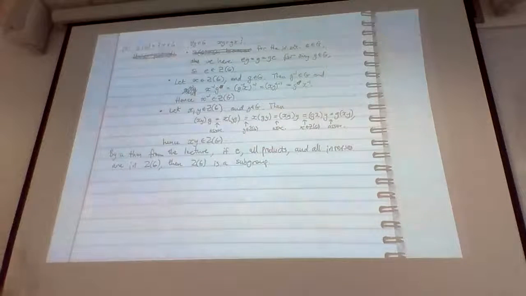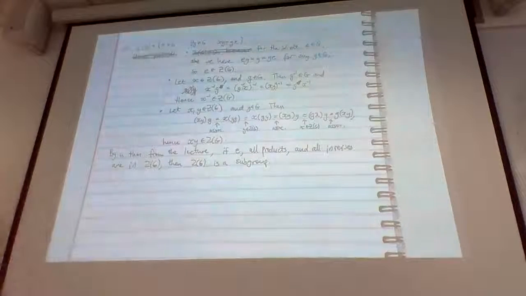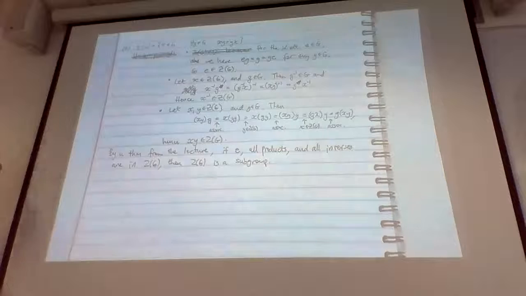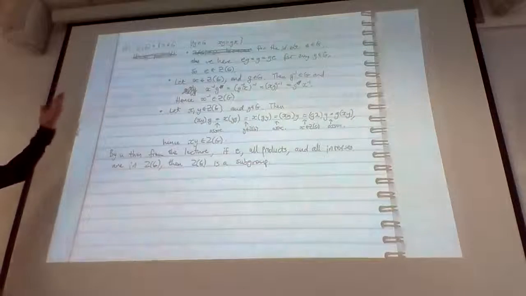Do you use your original definition of a subgroup, which separates out: show it has the identity, show it's closed, show it has the inverses? Or do you use the results of the previous part, which is probably what I was trying to guide you down. You've just gone to the trouble of establishing this subgroup characterization, so maybe you should use that. And that's what Jan does, isn't it?